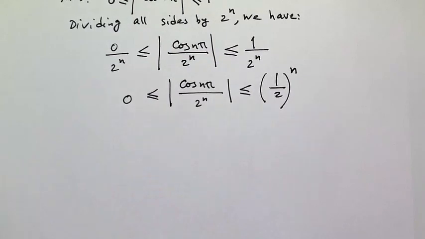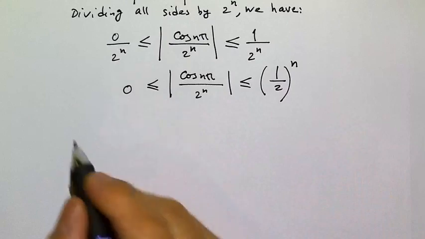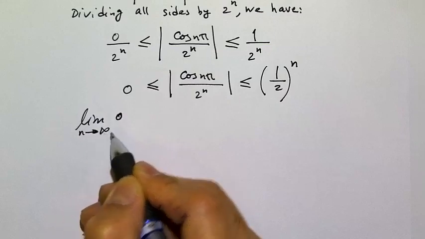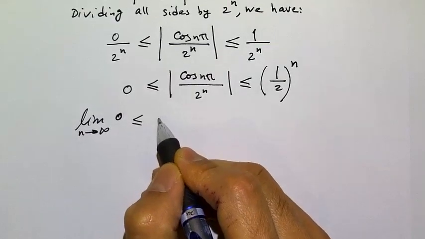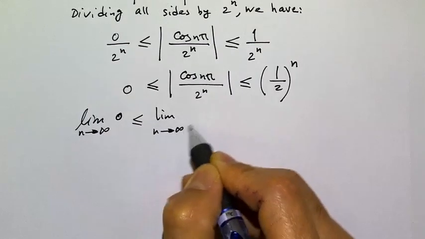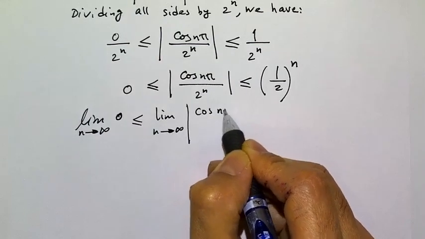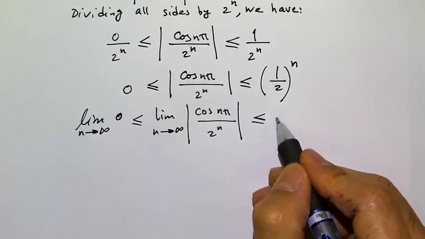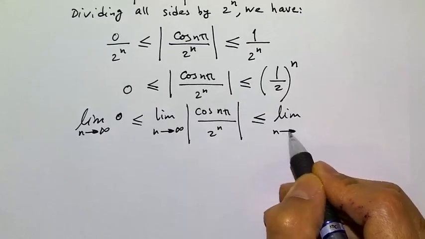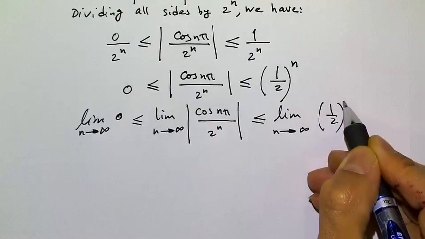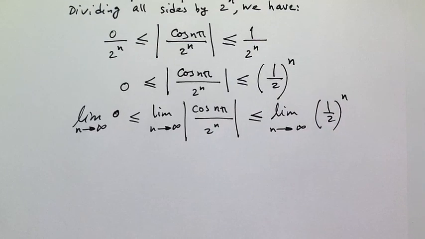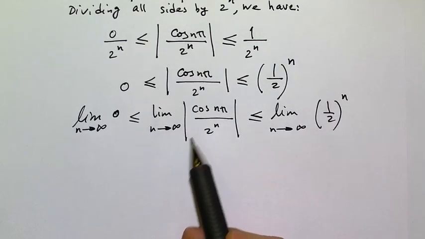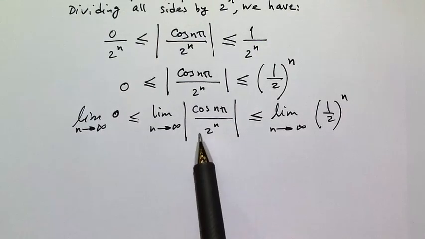So we have limit of the constant 0 as n goes to infinity, and then limit of this quantity as n goes to infinity, and of course limit of the right side as n goes to infinity. So we know that this side is 0, this side is 0. So we know by the squeeze theorem that the middle also should go to 0.